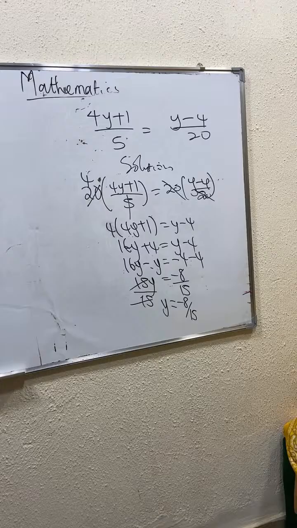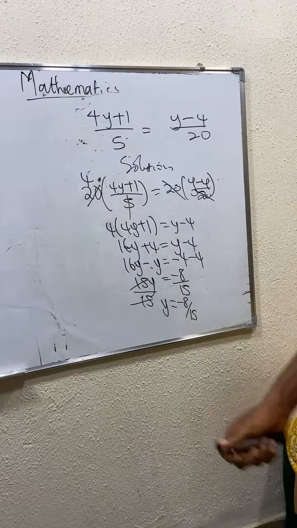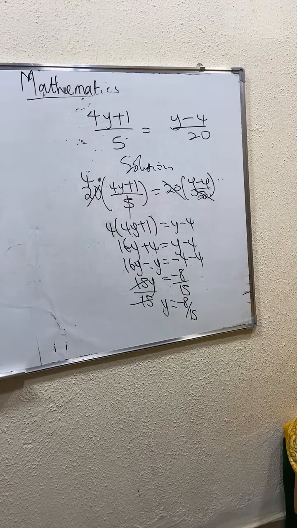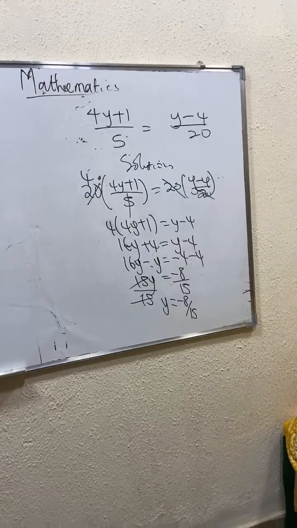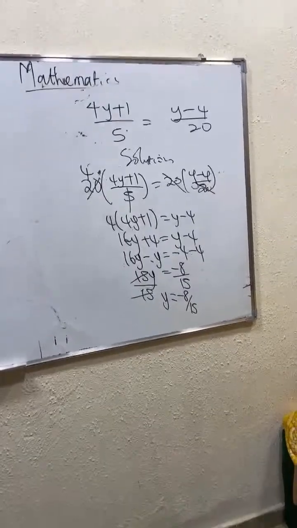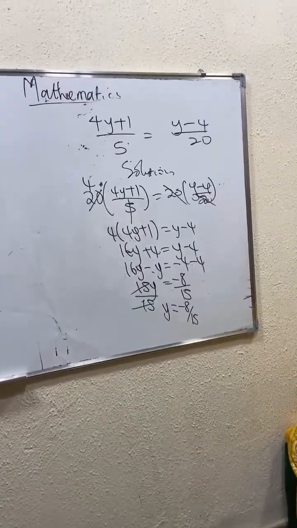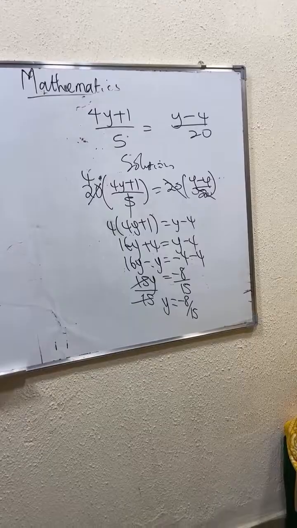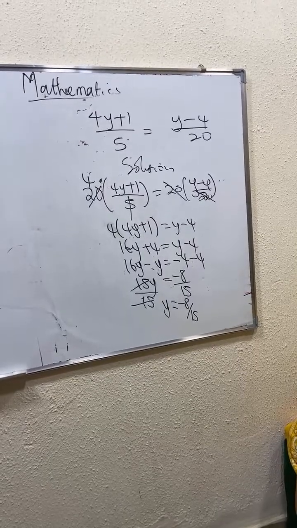This is solving simple equations, okay? It's very, very easy to do. All you need to know is that you either choose to cross multiply, or you choose to use the LCM method. Either method you use is going to give you the same solution.